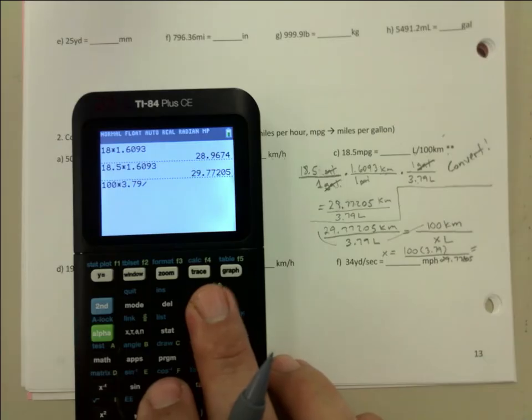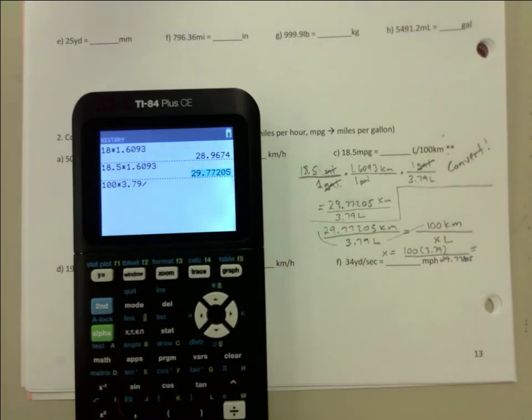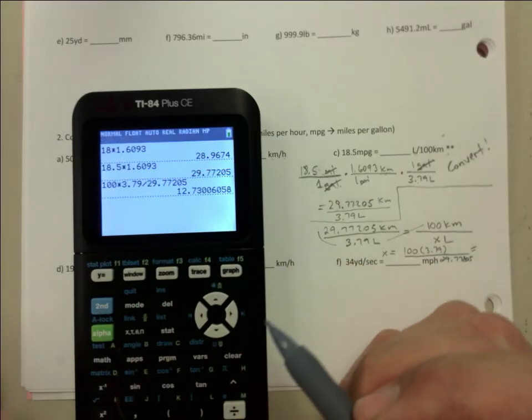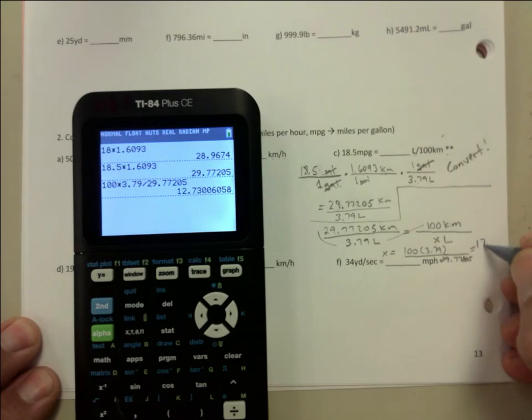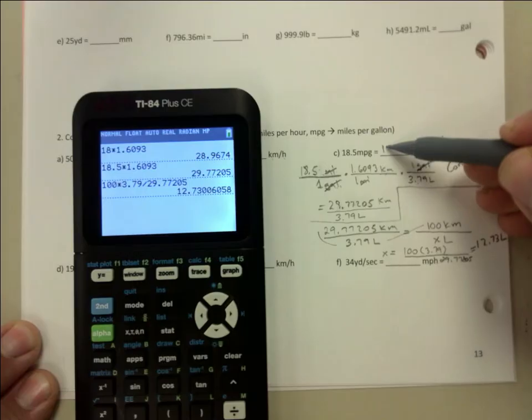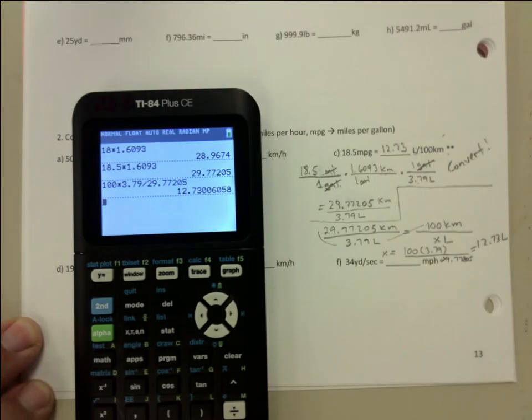Copy paste. I'm going to go up, highlight the number I want, hit enter, paste it in there, and then equals. So it's 12.73 liters. So now I know it's 12.73 liters per 100 kilometers.